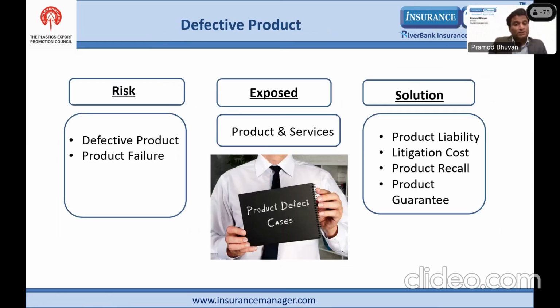Right. So this is again a very important product, especially in the export market. If you have got contracts from outside India, especially the American and European markets, they will always ask you to supply a product liability or a comprehensive general liability insurance to be in place. Because as a manufacturer of the product, if there is any bodily injury or property damage due to the product's final use, once it goes out in the market, the liability is always on the manufacturer.